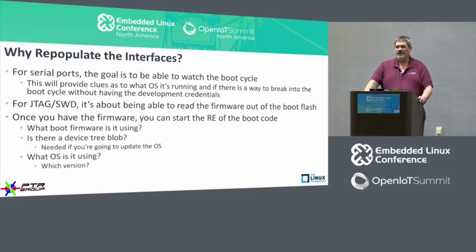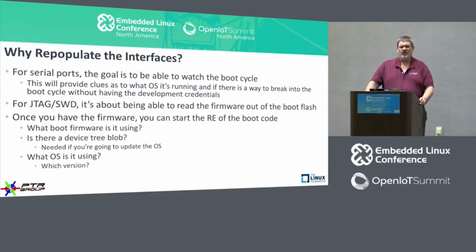So being able to pull the device tree blob out of the firmware can save you a tremendous amount of time. Obviously, if you're trying to upgrade the device, let's say it had a 2.6 kernel on it, and now you want to move to a 4.14 kernel, you're going to have to deal with device tree blobs because they started using them in about the 3.10, 3.14 time frame. So in order to move up to a significantly newer kernel, you're going to have to figure that out.